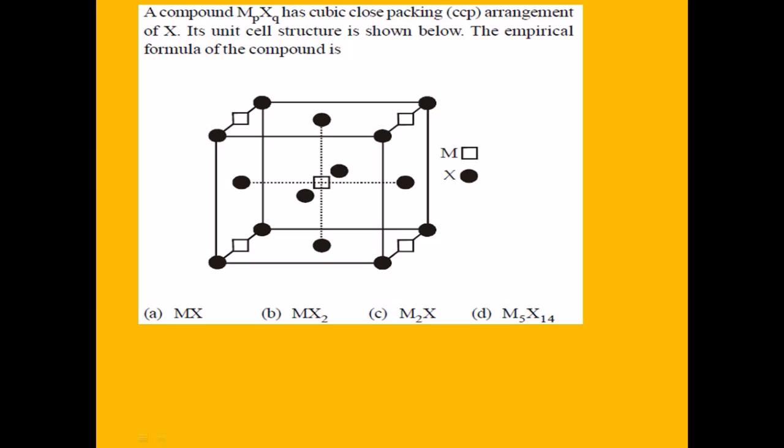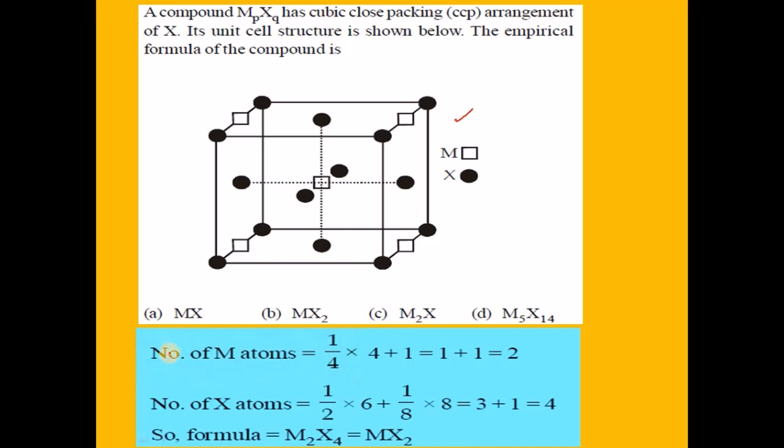Next question. A compound MpXq has a cubic close packing, CCP, arrangement of X. Its unit cell structure is shown below. The empirical formula of the compound is? See, in this we have the number of M atoms. M is edge centered, and the contribution for an edge center is 1 by 4. So 4 are there, and the middle 1 is there. So the total is 1 plus 1, which is 2.